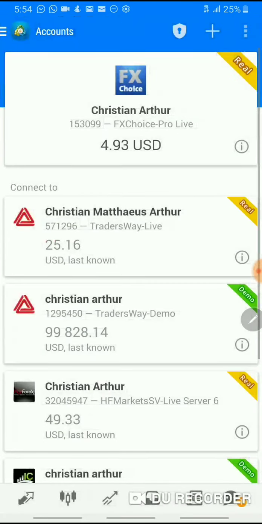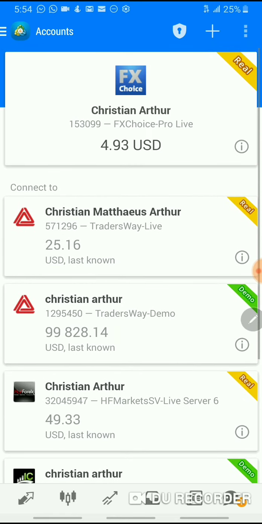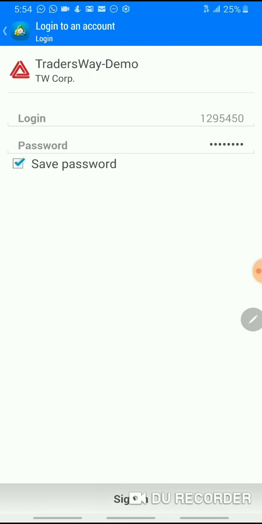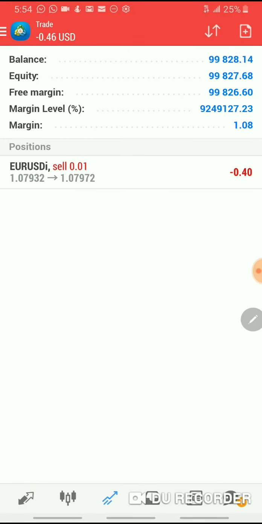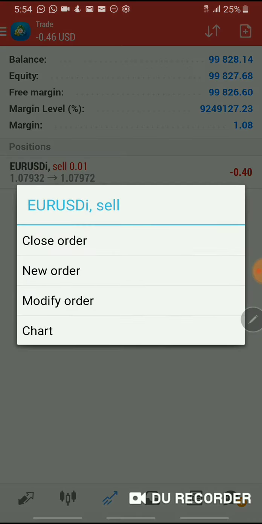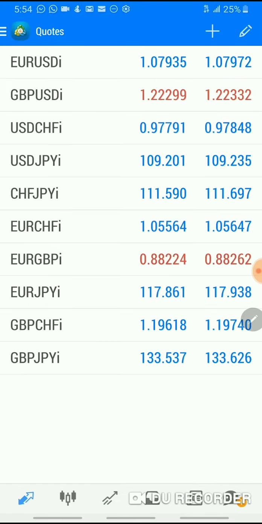So what you guys would do, let me do it on the demo, right? Most of us will do this. We went into our broker, and our charts will look like this.